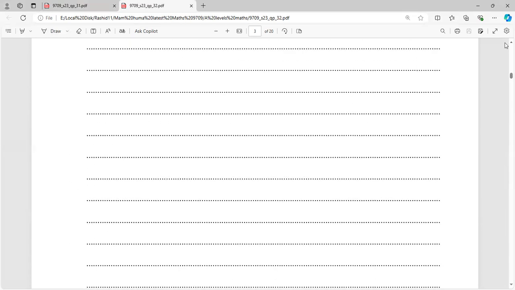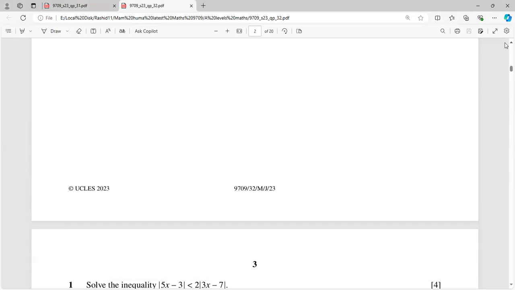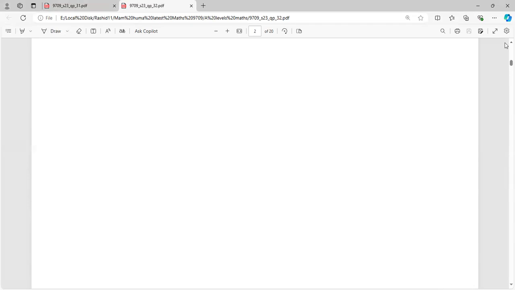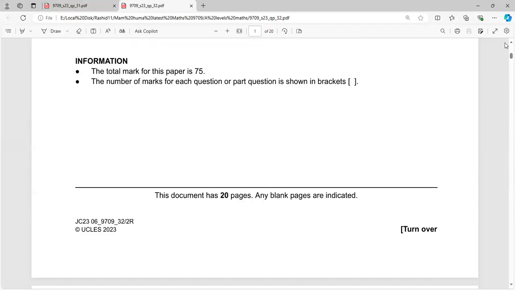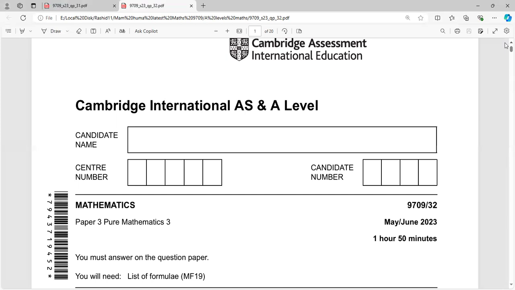Yes, that is the paper 9709/32 and the variant 32 and the year is May, June 2023.